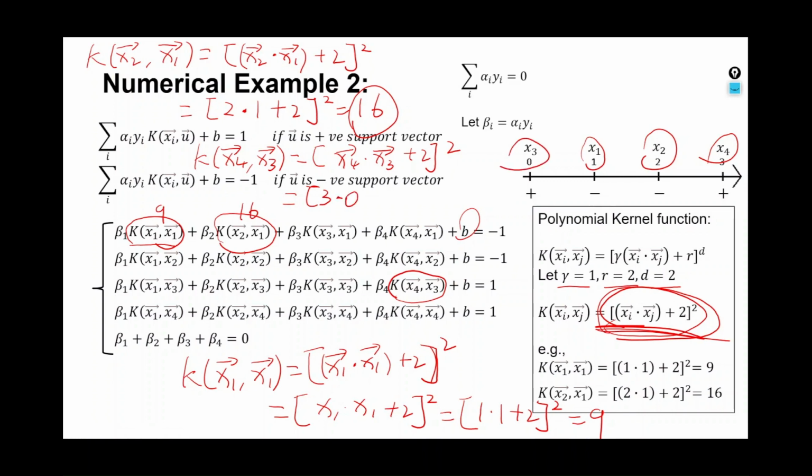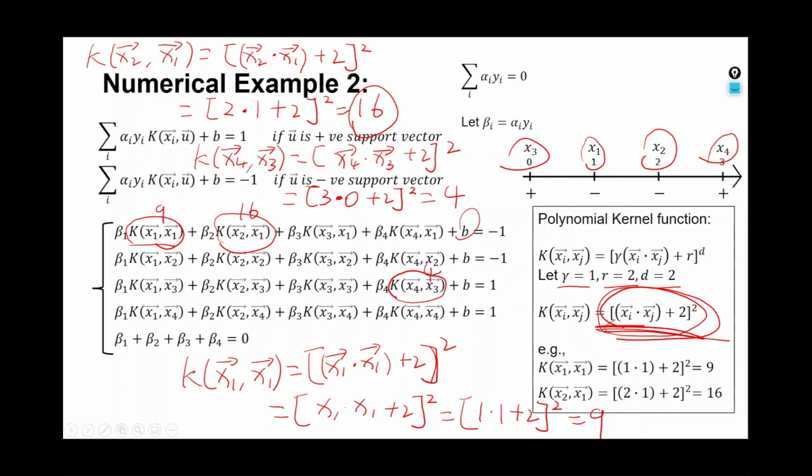Oh, this is nice. 3 times 0 is 0, and 0 plus 2 is equal to 2. 2 squared is 4. Alright, so this is how we calculate this one.